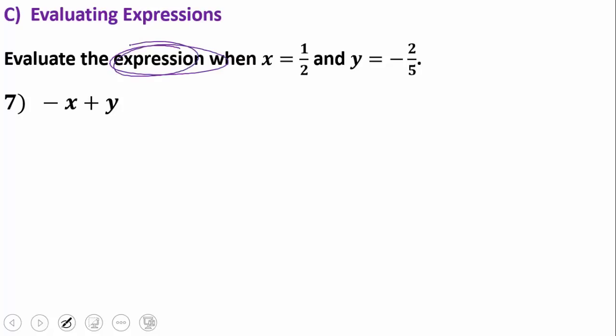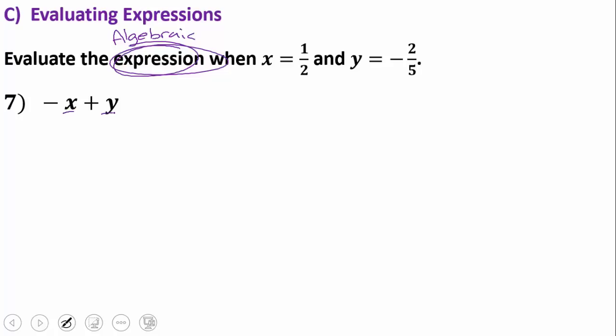So what's an expression? Well, an expression is a mathematical sentence that does not have an equal sign. You don't see an equal sign anywhere in this expression. Now, technically, it is an algebraic expression. And the reason it's algebraic is, that's right, it has variables in it.